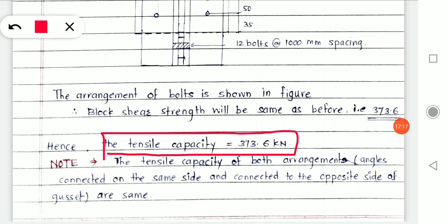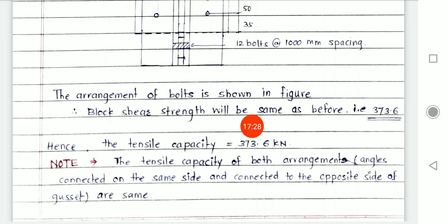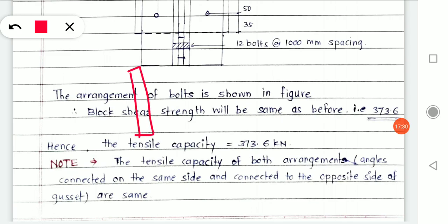See, in the previous arrangement where you have connected angles on either side, in this arrangement the bolts you require are less, but the bolts were in double shear, right?